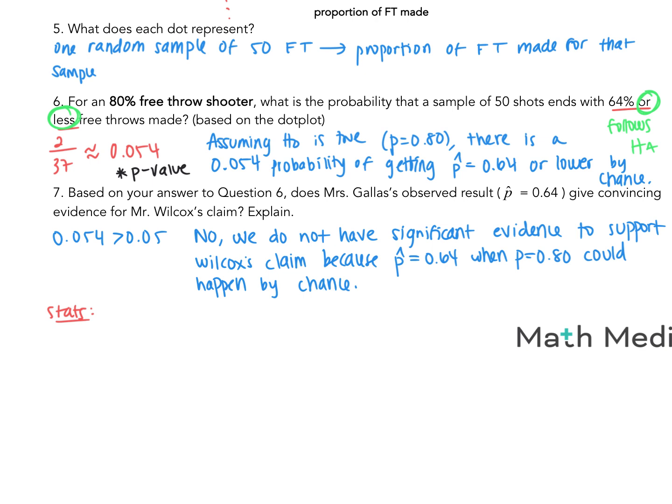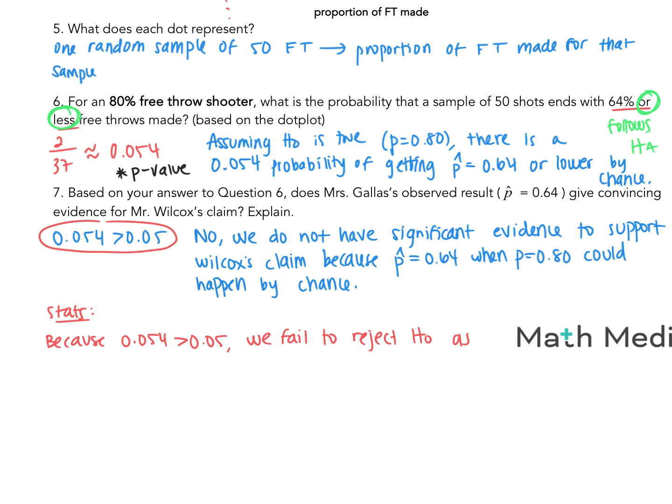And so the question is, how do we put that in terms of stats? You are always going to show this. So we are going to say, because that 0.054 is greater than 0.05, the way to say we don't have enough evidence is we say we fail to reject the null. And now we're going to say what that means in words.